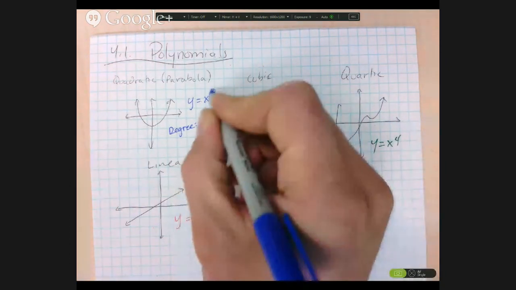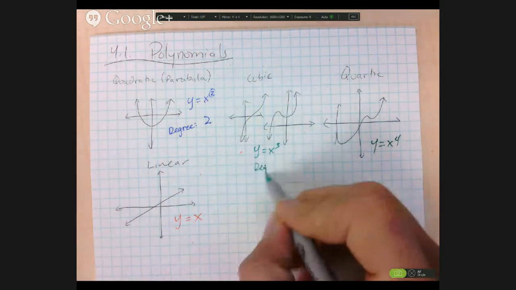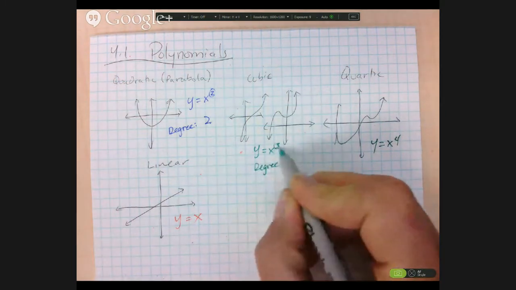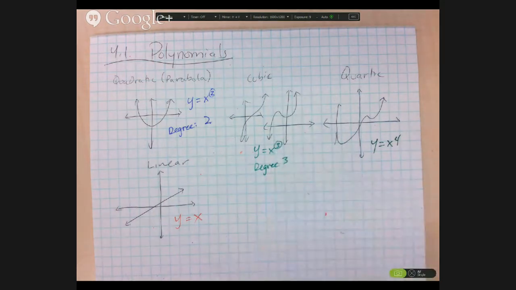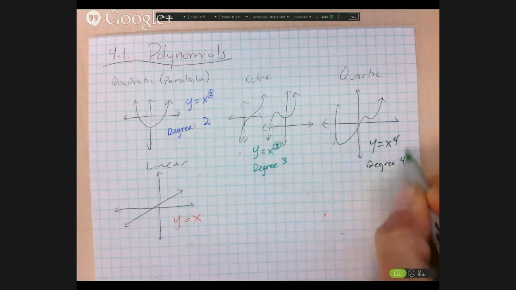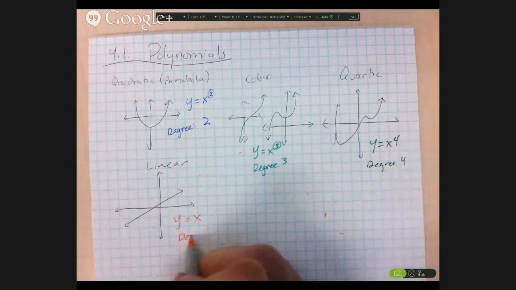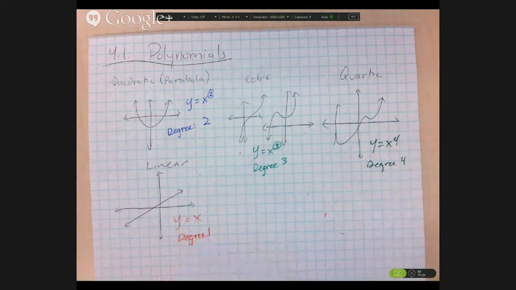Degree 2. For a cubic, degree 3, okay, you get the idea? Because of the exponent. And this is degree 4 and linear degree 1. Okay.